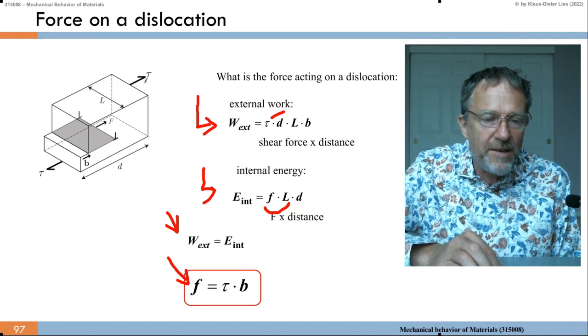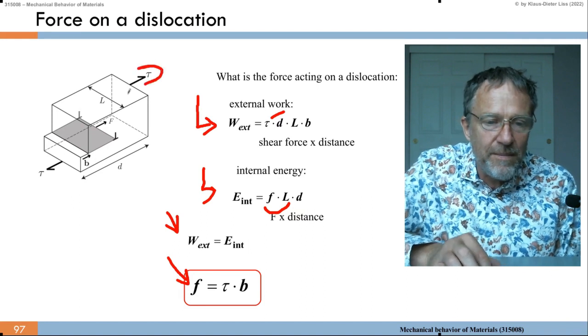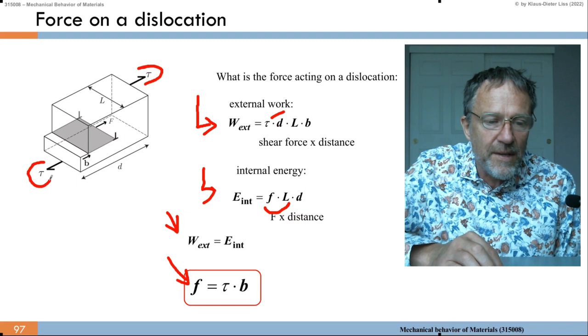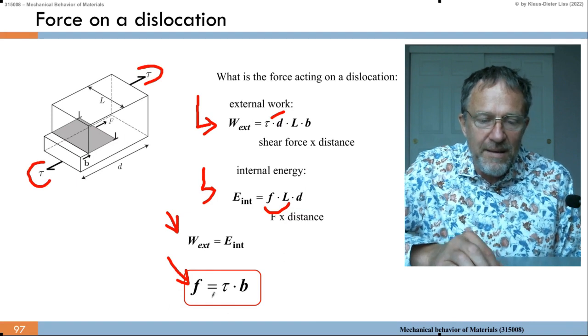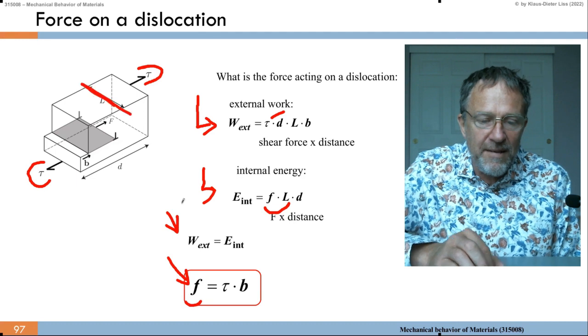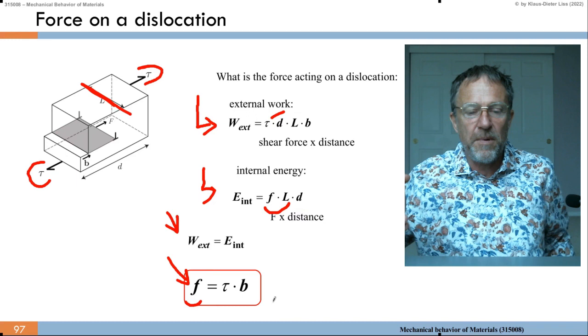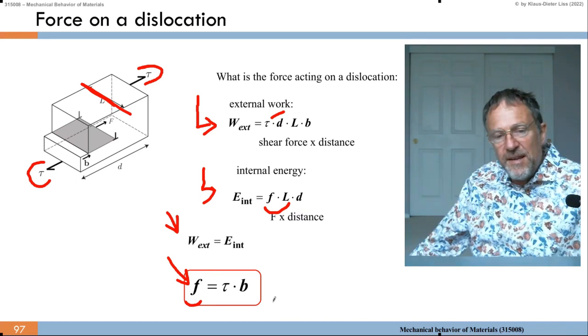Here we apply a shear, tau, and tau there over that plane. And the force per unit length, so it's always the unit length here, equals tau times B, tau times the Burgers vector. Couldn't be easier.